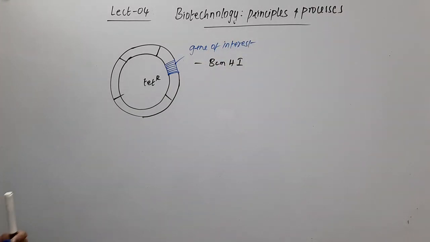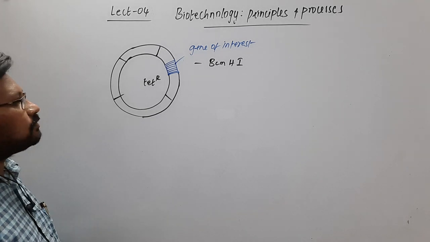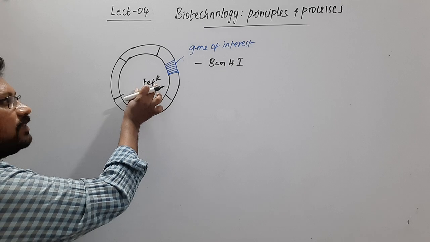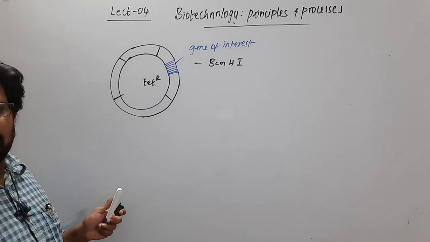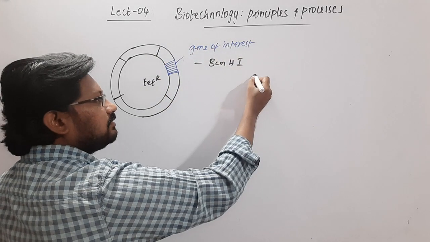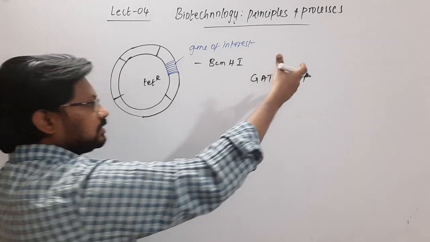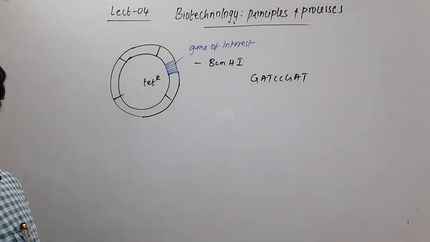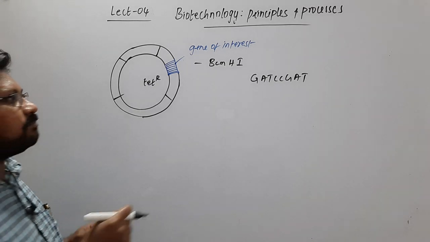Now as I inserted this alien DNA or gene of interest, the sequences of this tetracycline resistance gene have changed. Say suppose the gene of interest has a sequence of GATC something. Of course it will not be only that short, it will have many more bases. I'm just taking a small example.